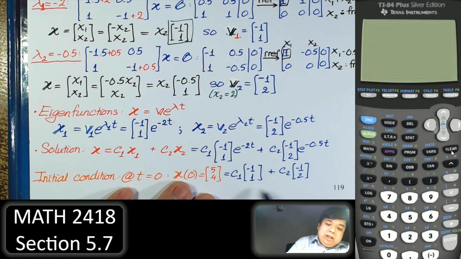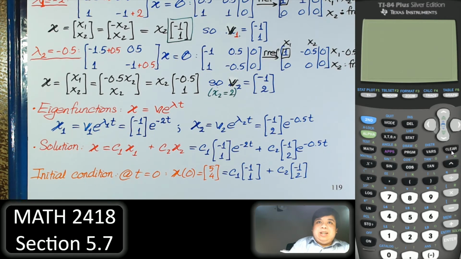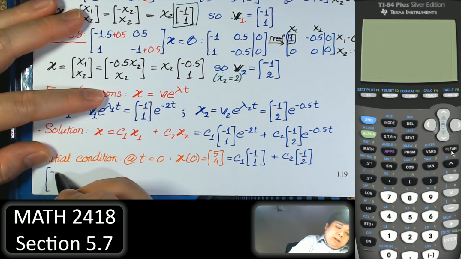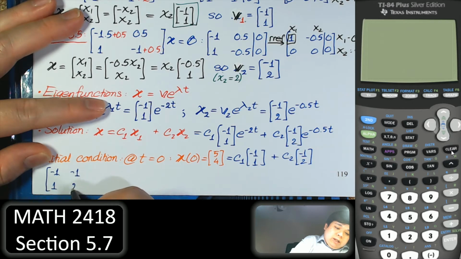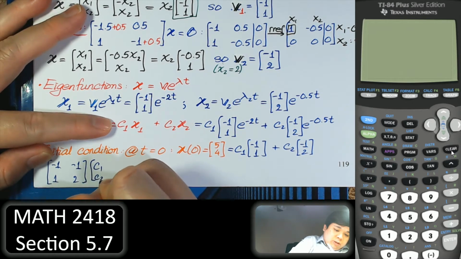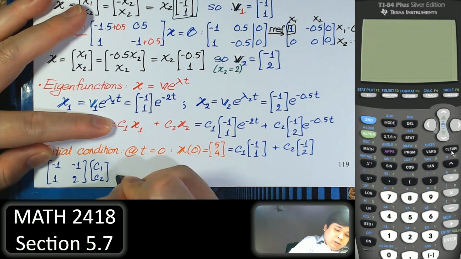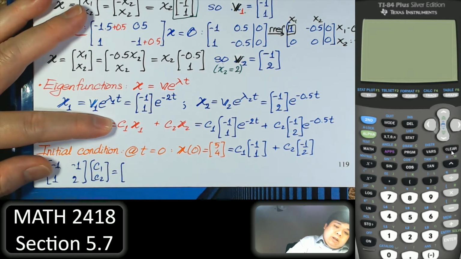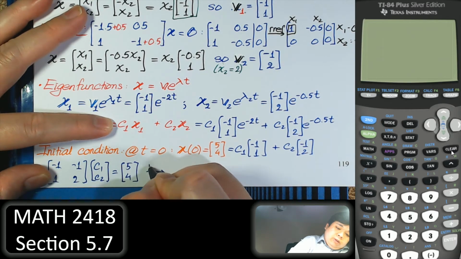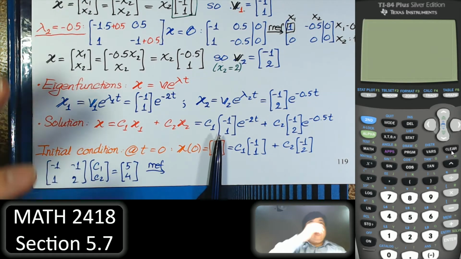For this equation we can solve easily, and I put it in the augmented matrix: (-1, 1; -1, 2) times (C1, C2) equal to (5, 4), reduced to echelon form.